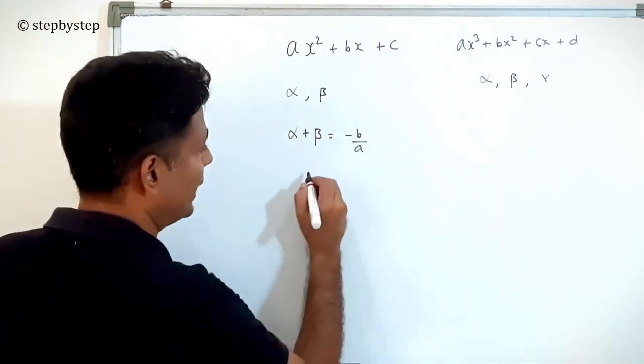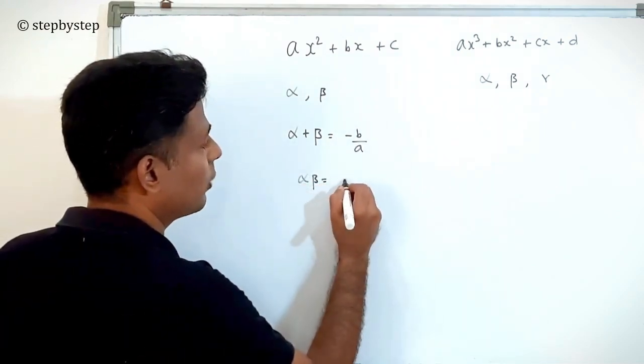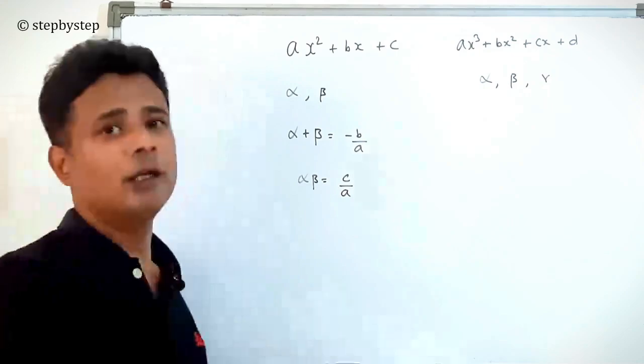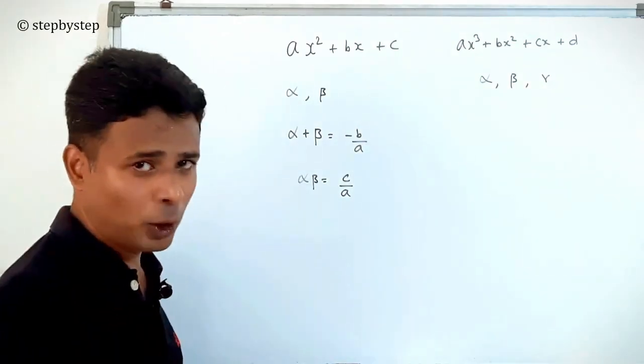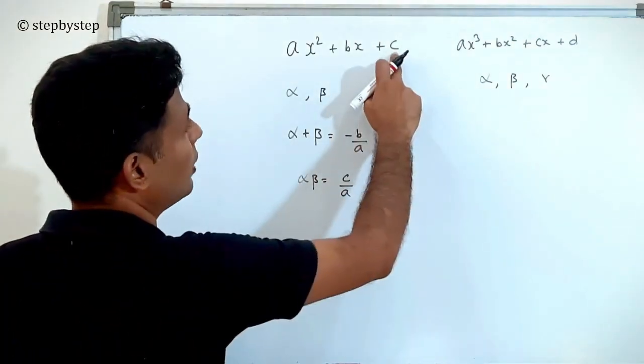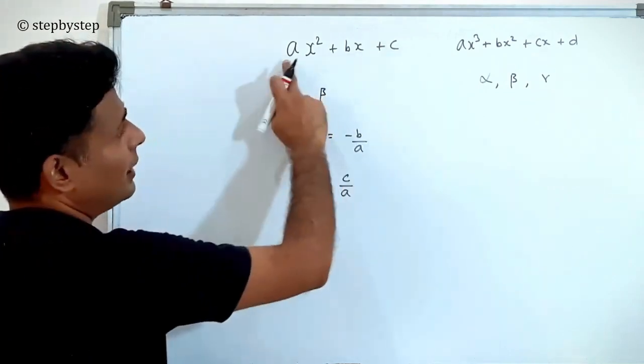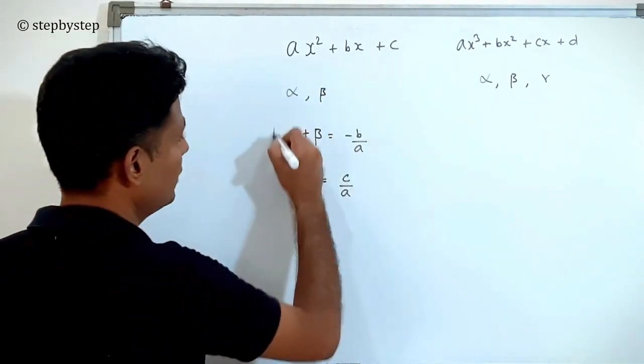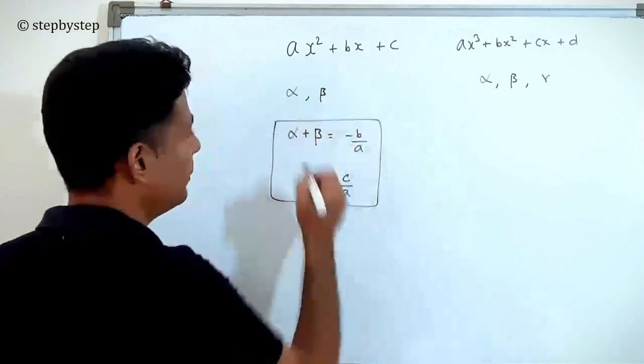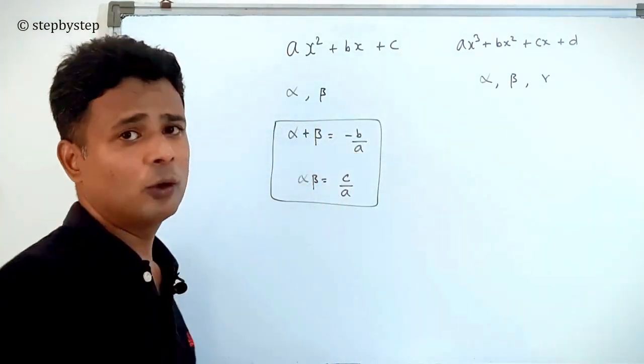The second relation you get is alpha beta = c/a. If you multiply the two zeros of the given polynomial, it will always be equal to the value you get when you divide c by a.